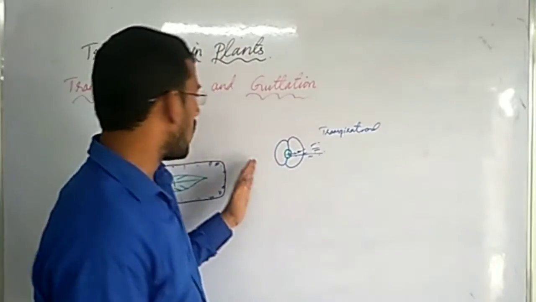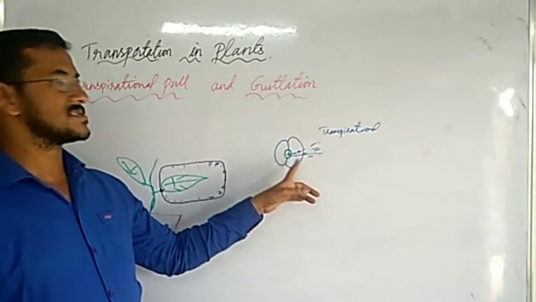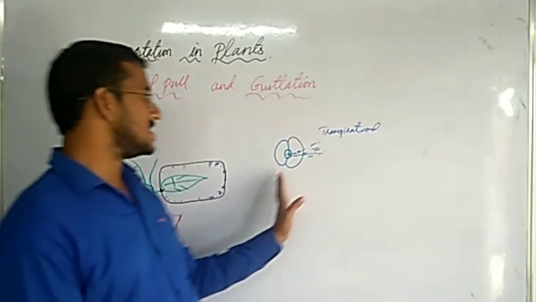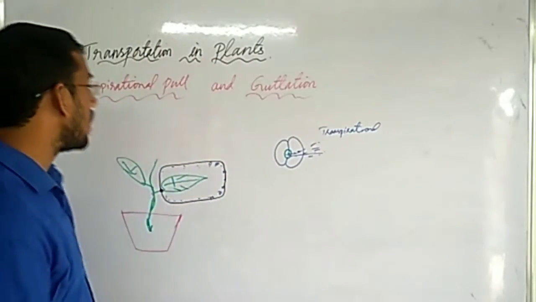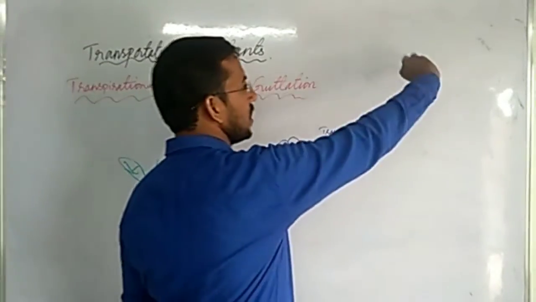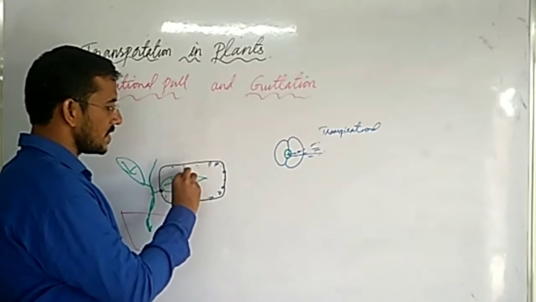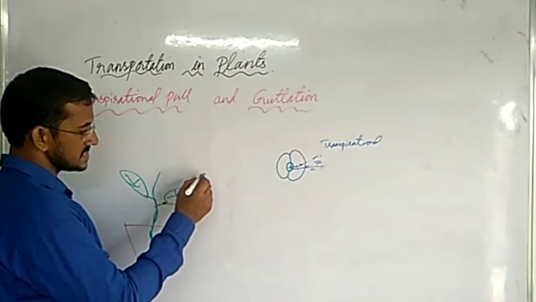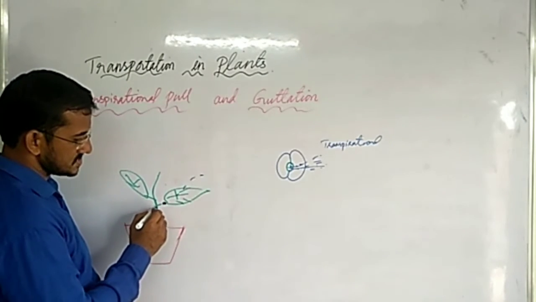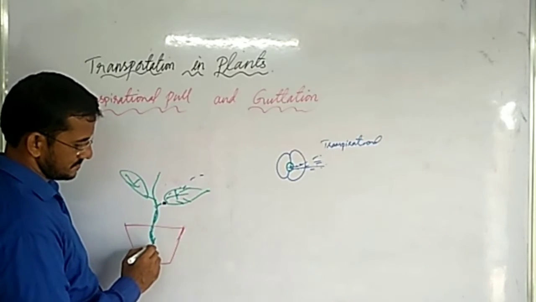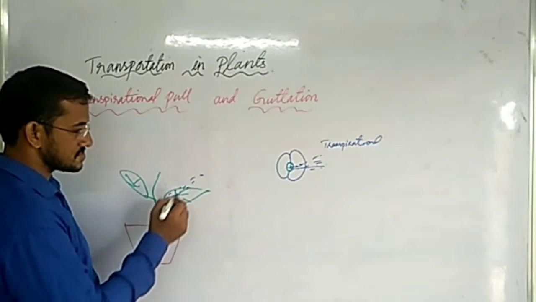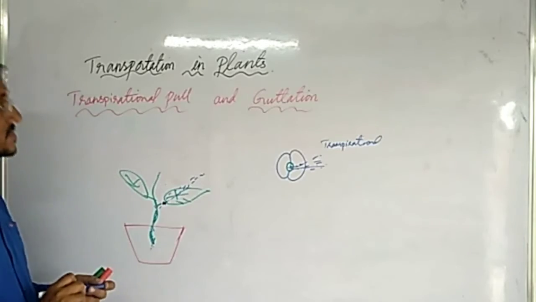Most of the water is evaporated from the stomata, and that we call transpiration. Because of this transpirational pull, what is happening? When water is moving out from here, the water is continuously pulled up. Understood?